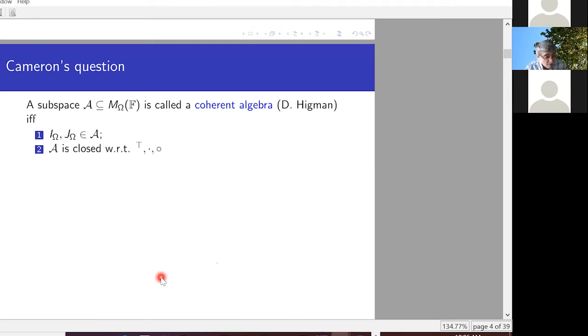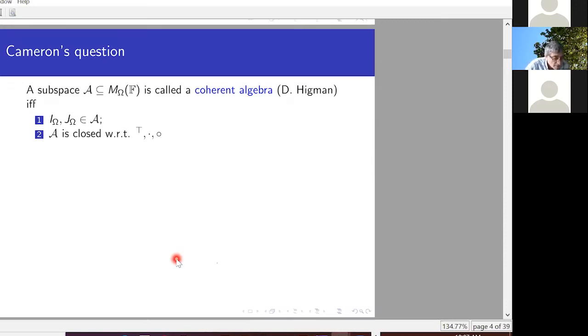The first is the definition of coherent algebra, which was introduced by Donald Higman in 1970, and at the same time an equivalent definition of cellular algebras was introduced by Feller and Lehman. But nowadays, a common name for this kind of algebras is coherent algebra.